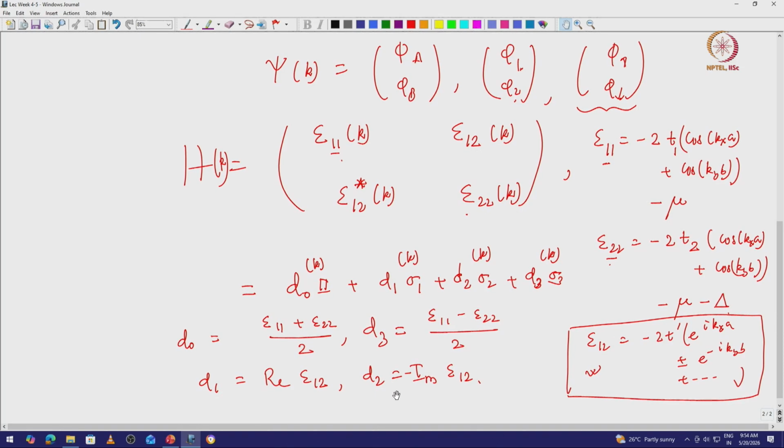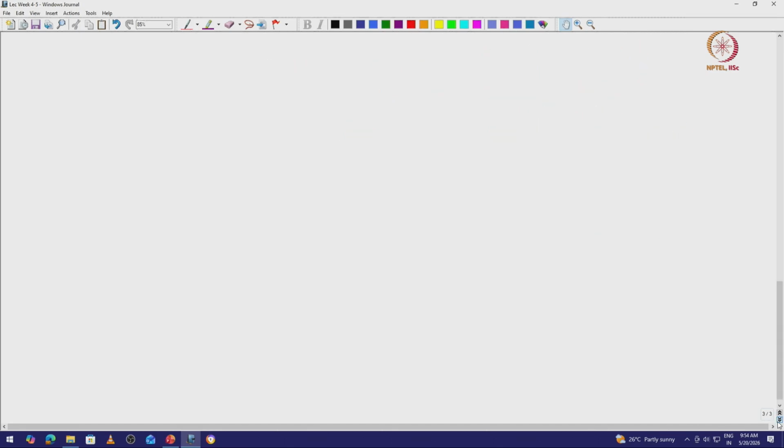We have studied this generic Hamiltonian without specifying the interpretation earlier. We have also studied that the energy eigenvalues will be, and we call it plus minus, d0 plus minus d, where d is the square root of d1 squared plus d2 squared plus d3 squared.